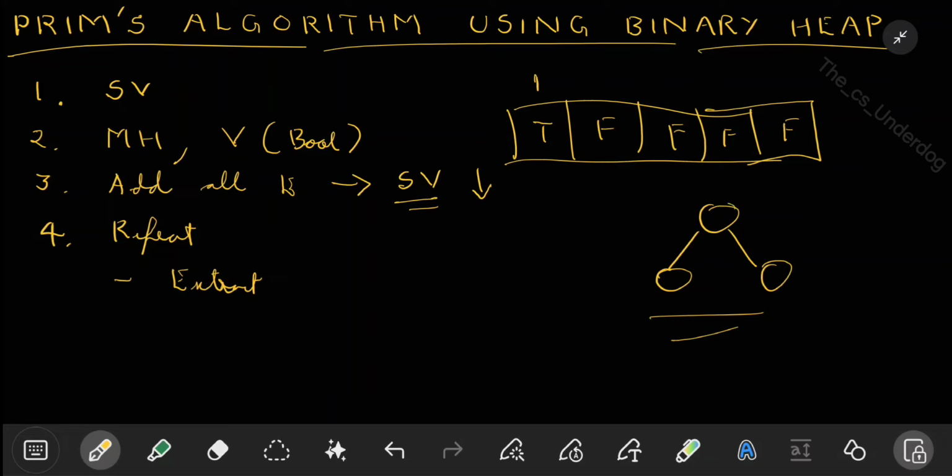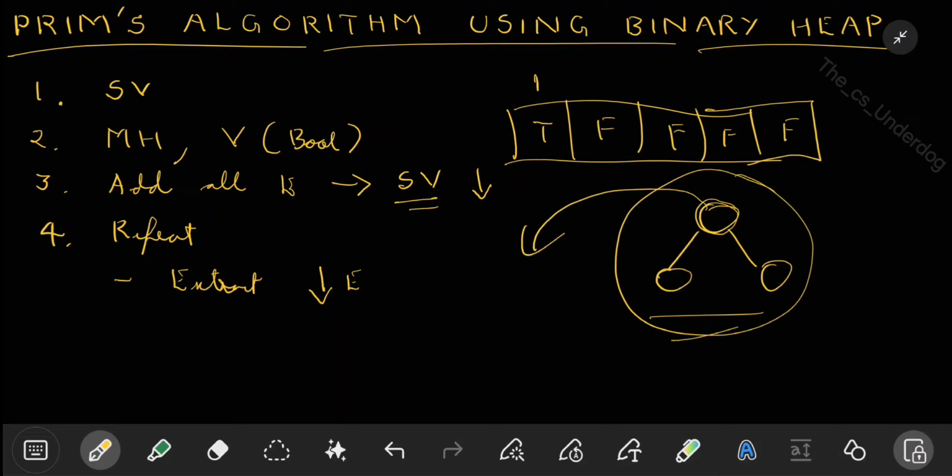Here we are considering that we are putting edges onto the min heap, so extract the smallest weighted edge from this min heap. How do you do that? Simply extract the root, because the root of the min heap will have the lowest weight.